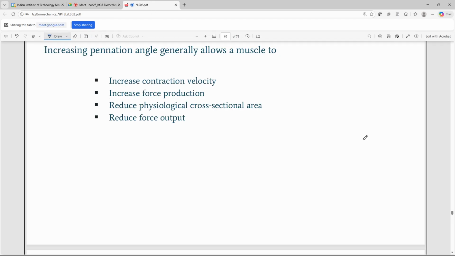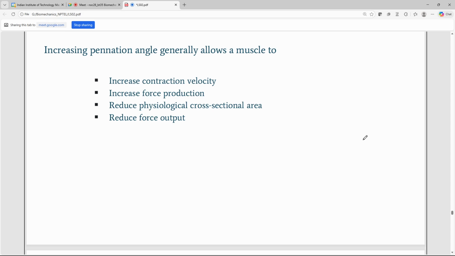So what is the pennation angle? Pennation angle is the angle between muscle fiber and tendon. If you remember, there was one more option in a previous question, not just the previous question, before that. What's the role of pennation angle? There were two things there.